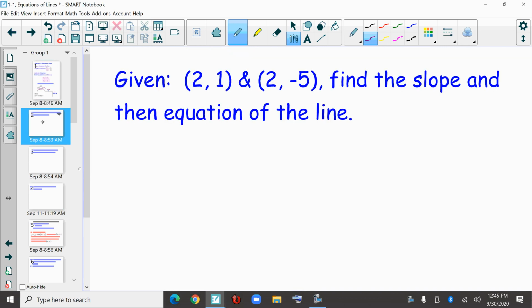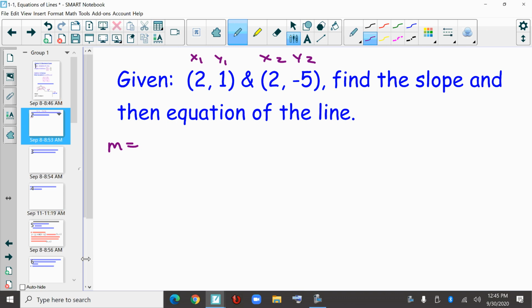If we're applying this, I'm going to give you 2 points, (2, 1) and (2, -5), and I want you to find the slope and then the equation of this line. Most of you are immediately going to say x1, y1, x2, y2, and write the slope formula.